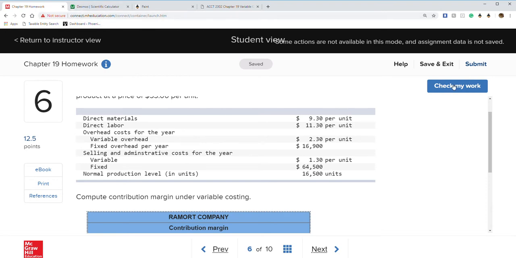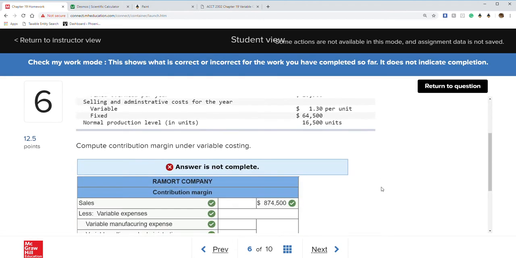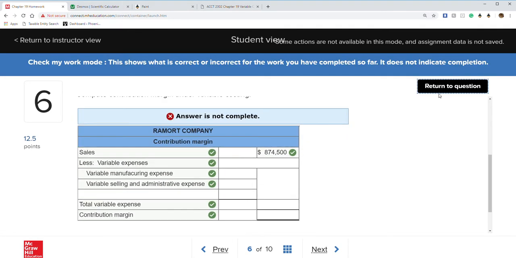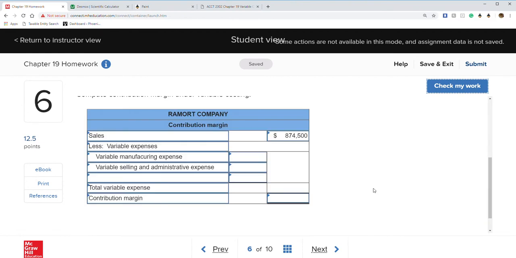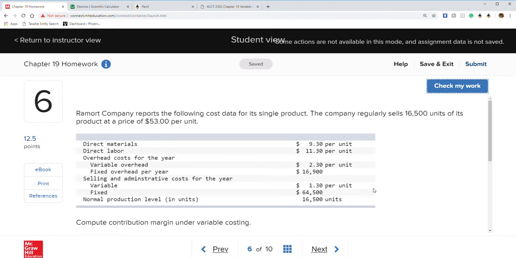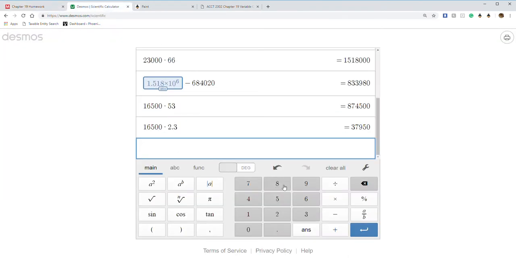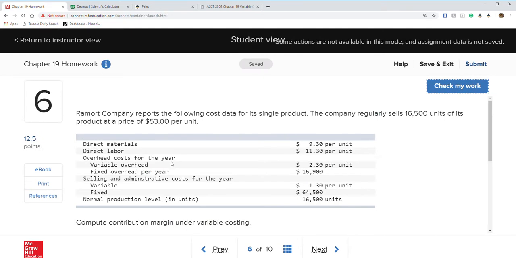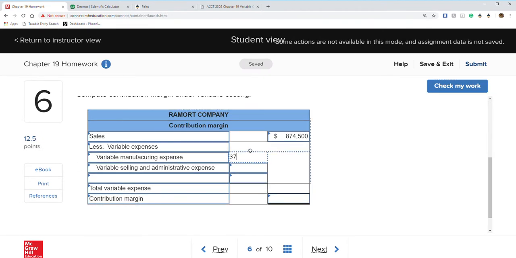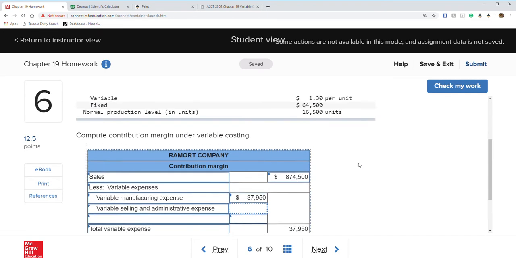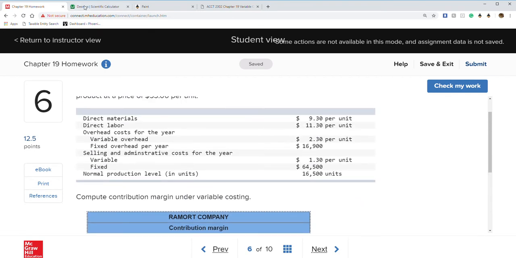Yeah, we're doing it. So just want to check to make sure. But $2.30 comes to $37,950. Variable selling and administrative was $1.30 per unit.